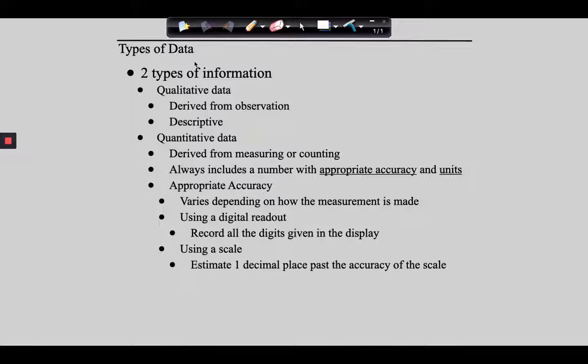When you're using a scale, this is the deal. And guys, I will be gentle with this idea for the first couple weeks, but you're going to find that very, very quickly this is going to become the Achilles heel for some of you because you're not clicking with the idea. So the rule is this: when you use a scale, you estimate one place past the accuracy of the device.